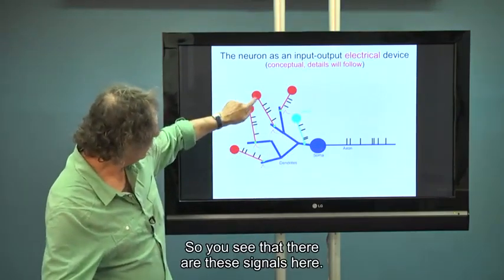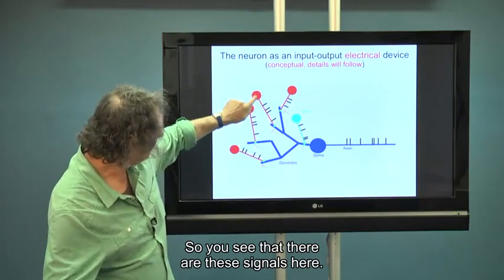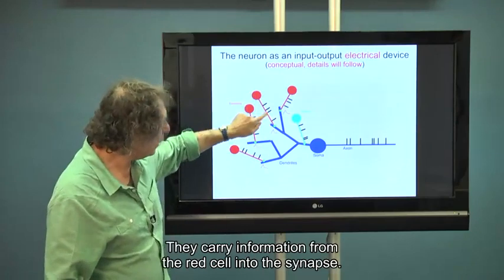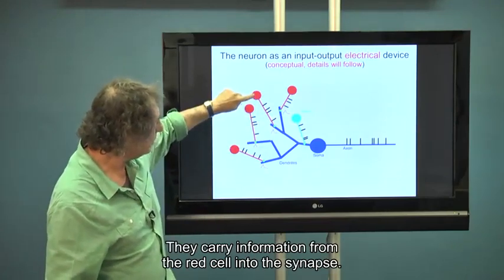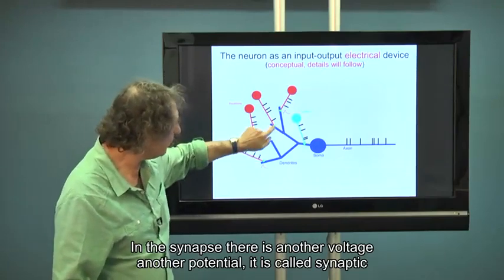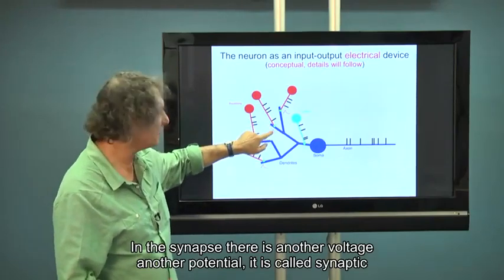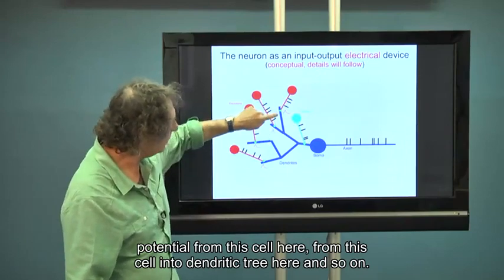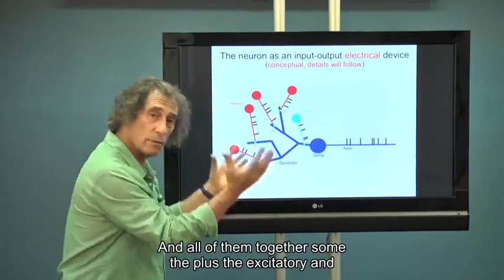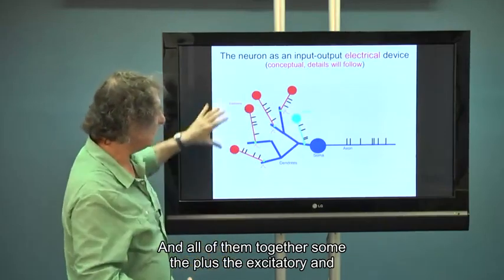So you see that there are these signals here. These are the signals that we shall discuss a lot called action potentials. They carry information from the red cell into the synapse. In the synapse, there is another voltage, another potential that is called synaptic potential. From this cell here, from this cell in the dendritic tree here, and so on. And all of them together sum.